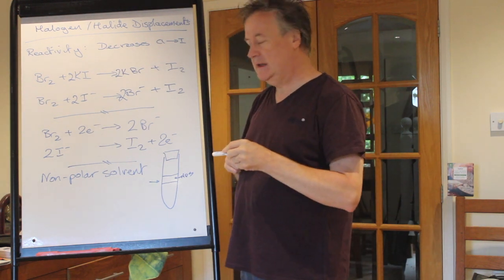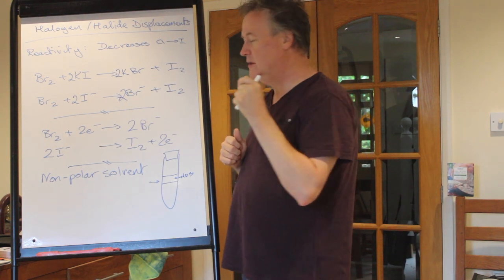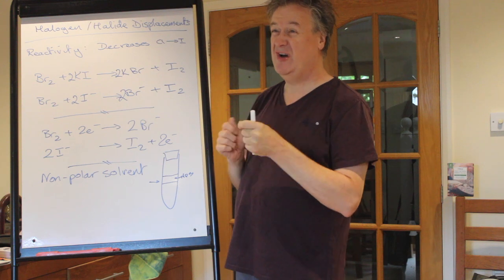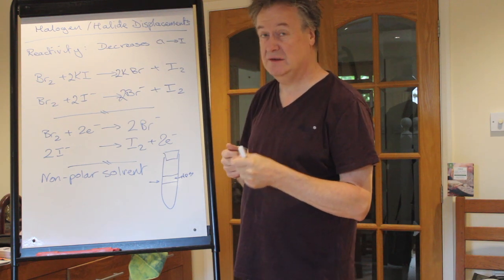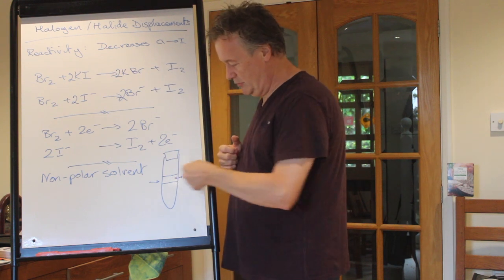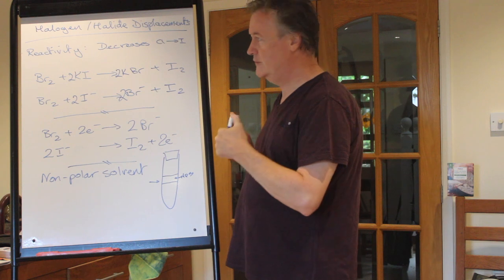The reason you do that is that strong bromine solutions and weak iodine solutions in water kind of look the same colour, certainly to someone with poor colour vision like me. So what you do by putting the non-polar solvent in is you get a distinct colour for the two that you're going to see.